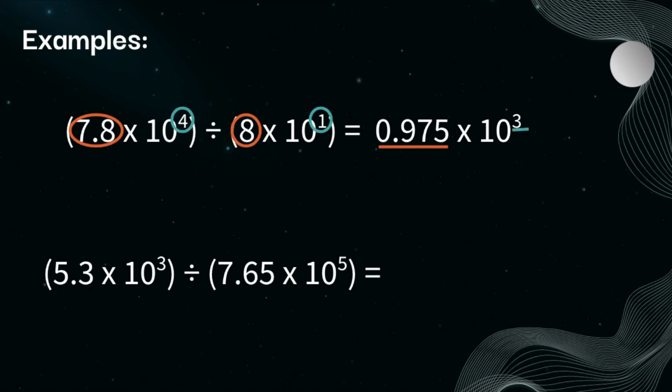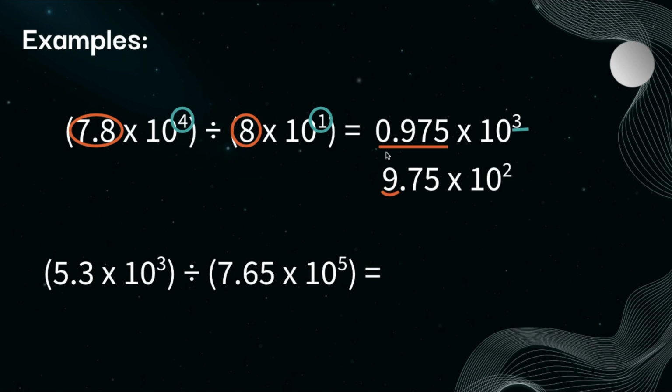But now here's the thing. You guys remember that the coefficient has to be equal or more than 1 and less than 10. And here the coefficient clearly is less than 1. So what do we have to do? Well, basically we just have to move the decimal point to the right.